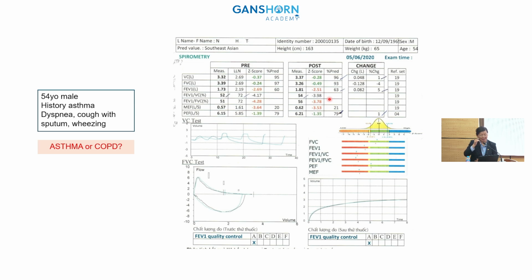So could you decide right now? COPD or asthma? COPD. Yeah, it is already clear, obstruction even post-bronchodilator test, and negative bronchodilator test. But anyway, we will see.